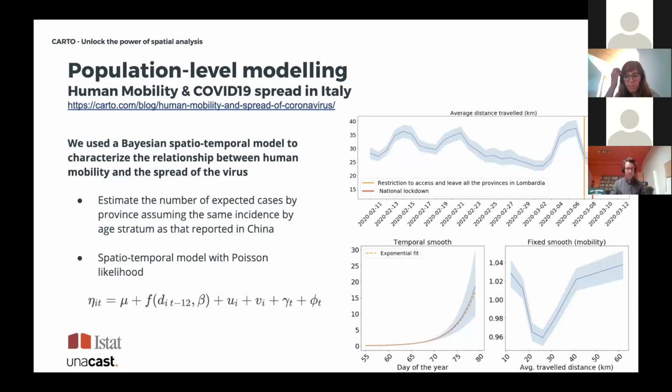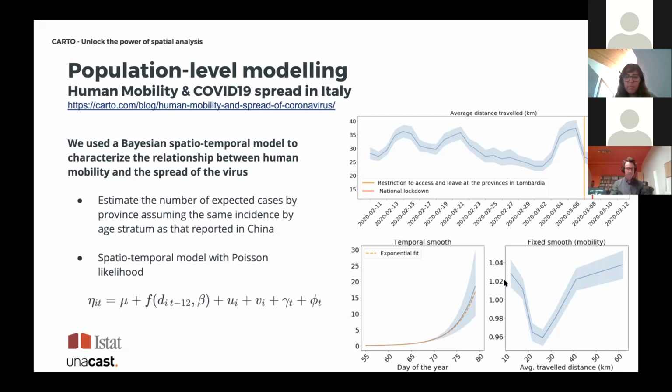So what we did was take this information by province and first estimate the number of expected cases for each province, assuming the same incidence by age stratum as that reported in China, and then fit a spatiotemporal model, linking the number of reported cases by province at a given time and a smooth function of the average travel distance by province lagged 12 days beforehand to take into account any delay in testing.